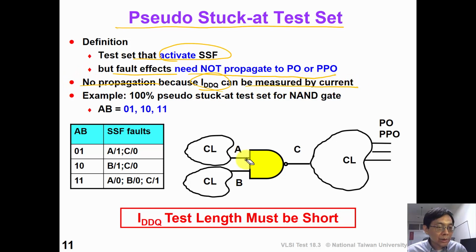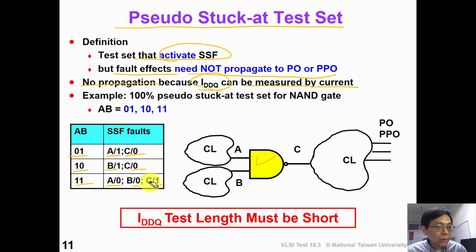For example, suppose this NAND gate is our gate under test. When we apply 01, we can activate A stuck-at 1 and C stuck-at 0. When we apply 10, we can activate this B stuck-at 1. When we apply 11, we can activate C stuck-at 1.